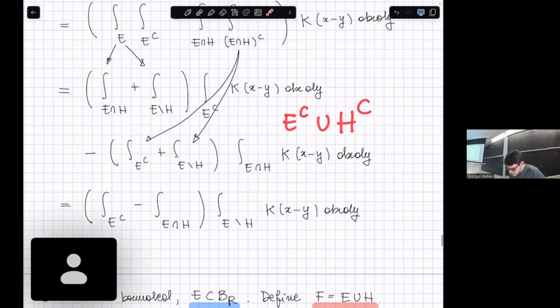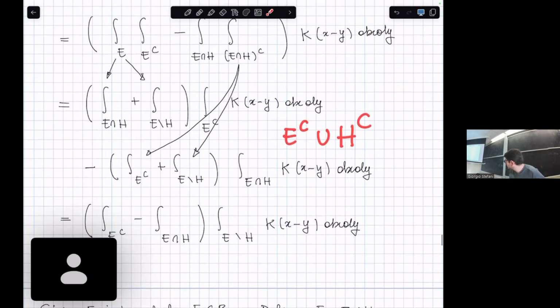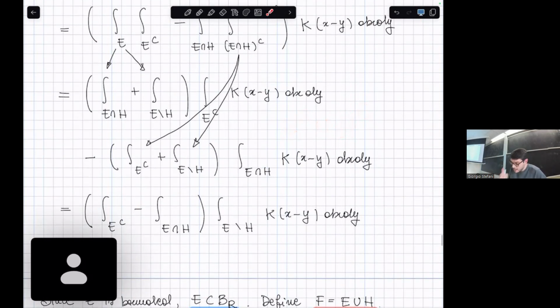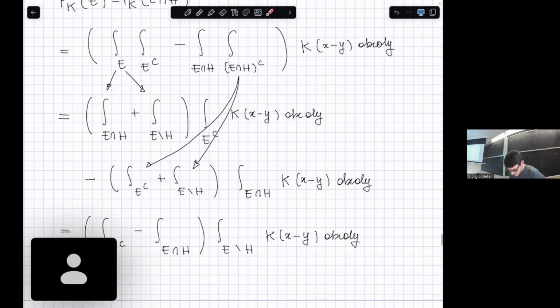And so if you split it, you can split as a piece on E complement and the piece of E complement minus H complement minus E complement, and which is, again, by always forgetting De Morgan's law, E minus H. Now I look at what I have done, and I see that there are two pieces in common, no?